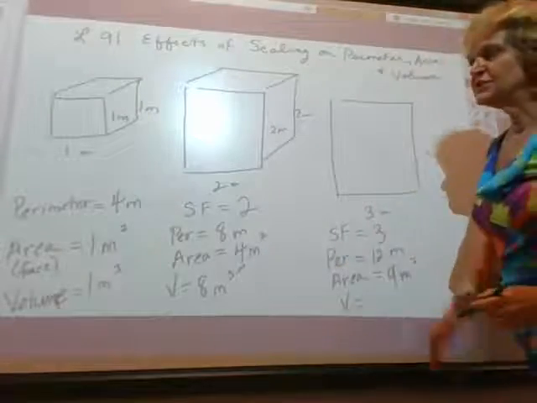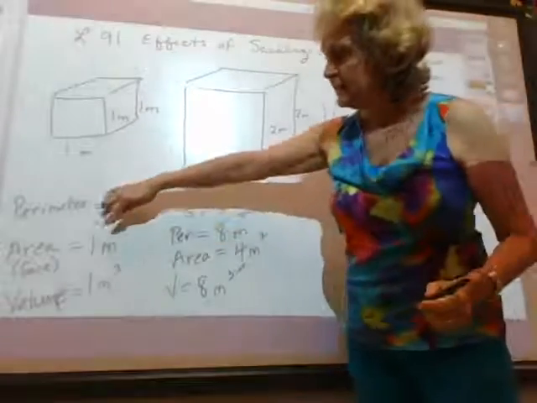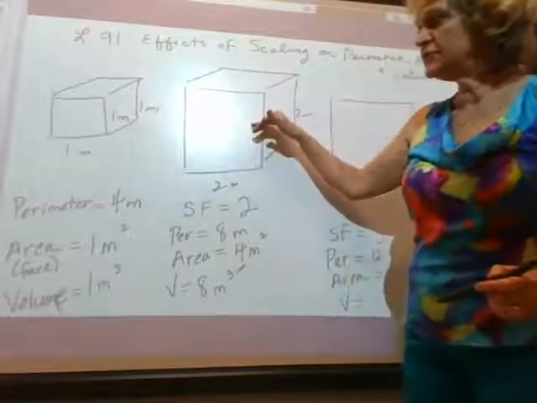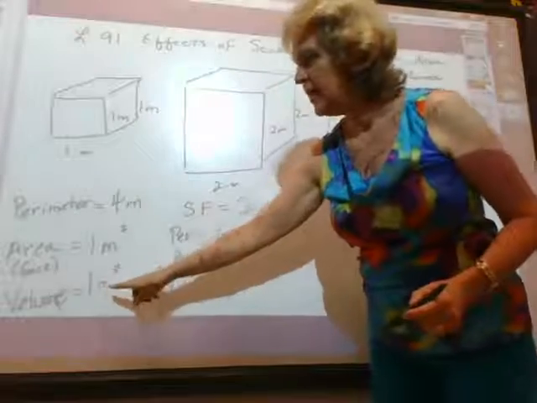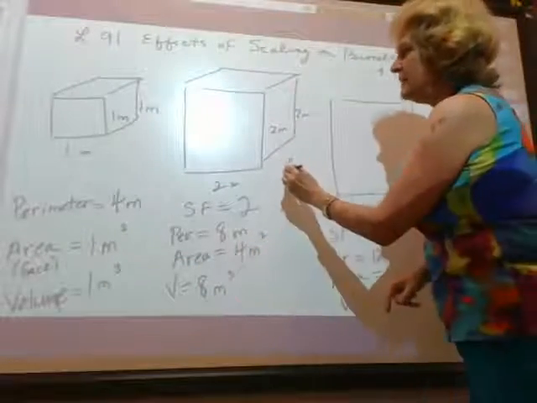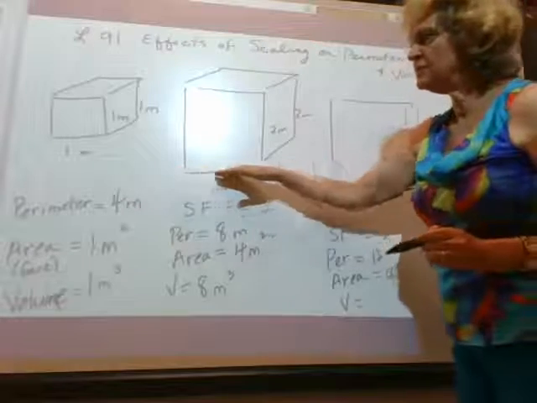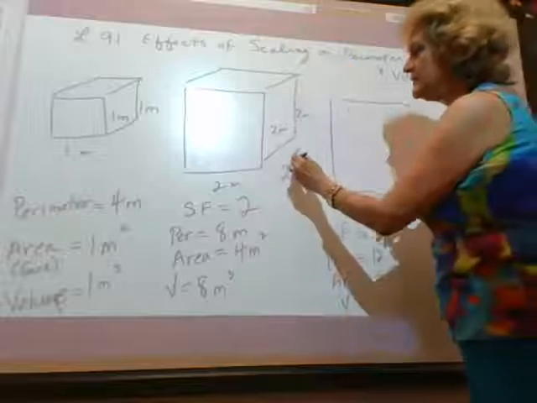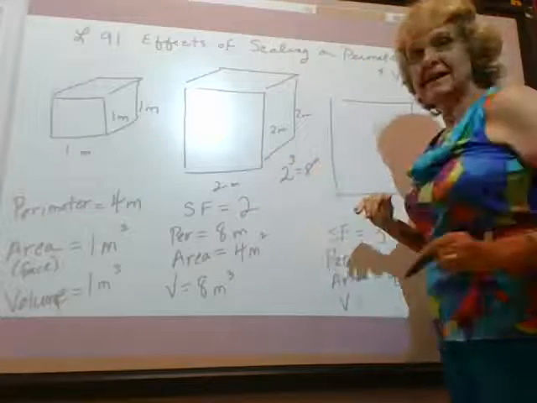Okay. So what has happened? This cube that the scale factor's 2, the volume's been multiplied by 8. Why is that? Because it's multiplied by 2 this way, and this way. So 2 cubed is 8.